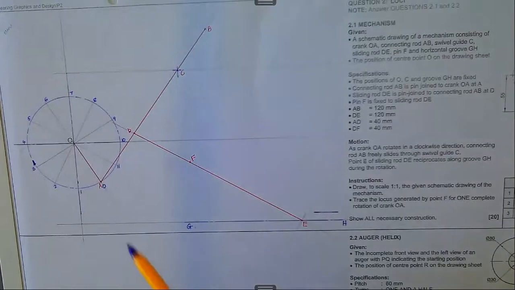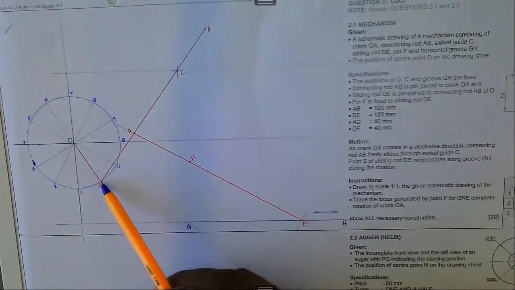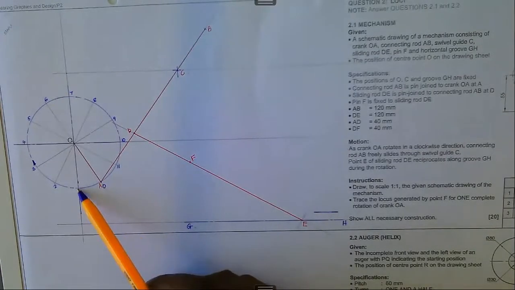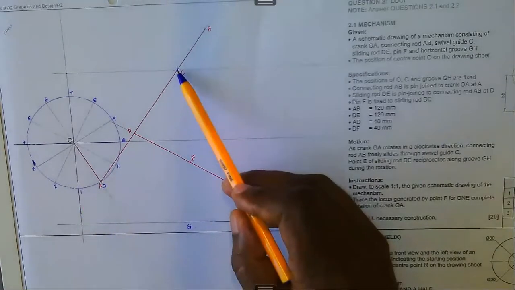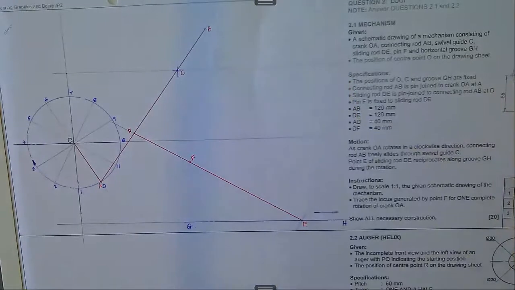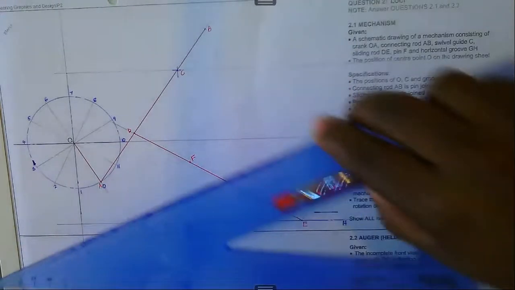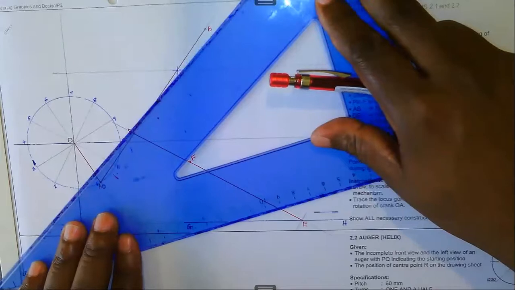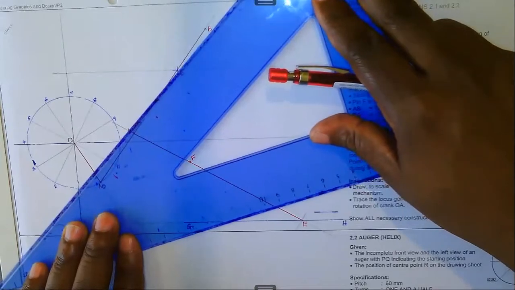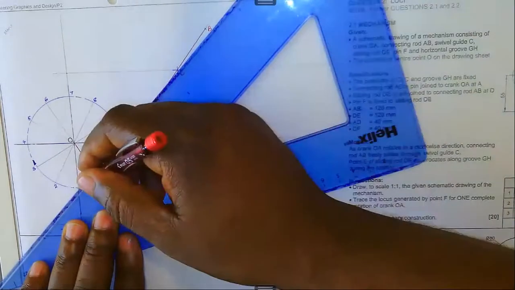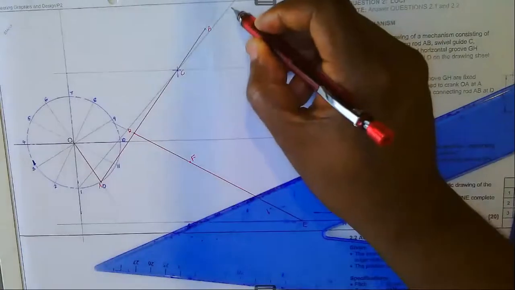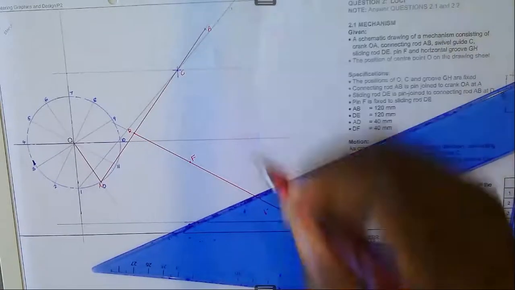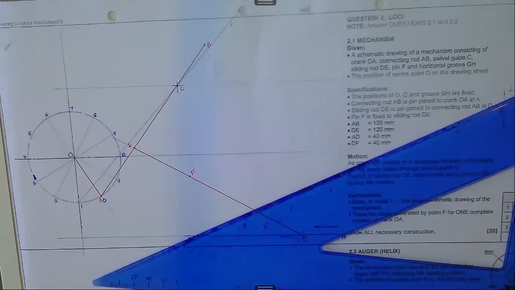So what we need is to move this point A to the next interval, which is point 1, and draw a line via point C. Okay, we do this. You can just label faintly, this is 1, so that you will be able to follow, okay?